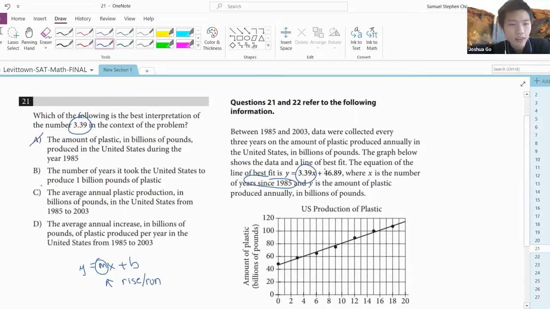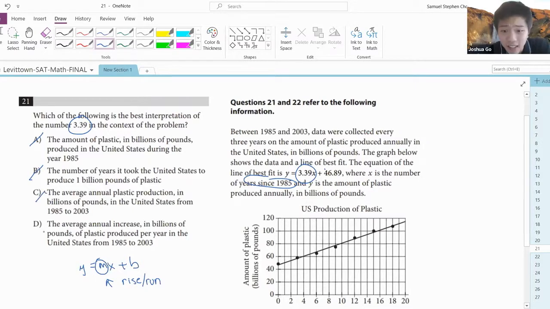That's just a certain number, the X value essentially on the X axis. So that can't be it either. For C, the average annual plastic production in billions of pounds in the United States from 1985 to 2003. Again, this one identifies an average of the Y values, and that clearly isn't it.